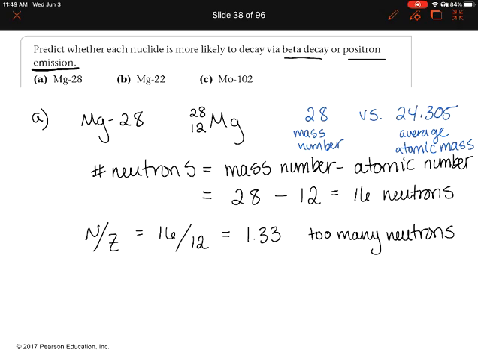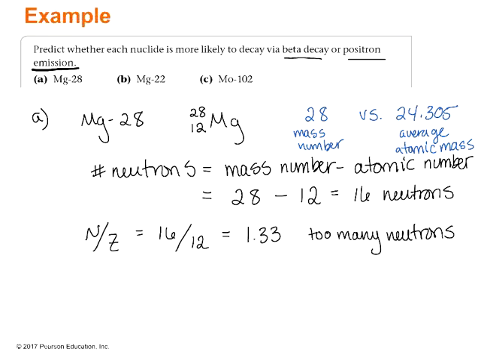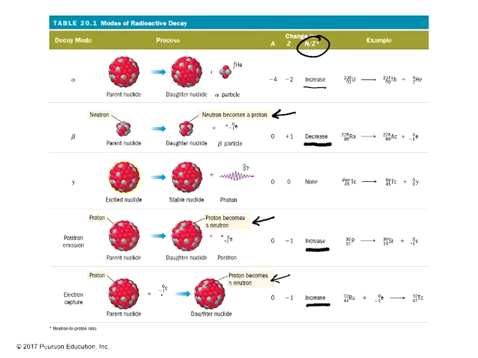Okay, so if we have too many neutrons, that means we want to convert neutrons into protons. So let's go to our other chart. What process converts neutrons into protons? So beta decay.